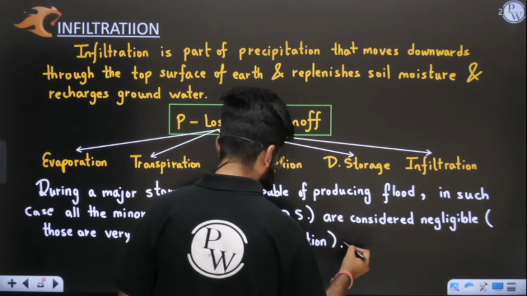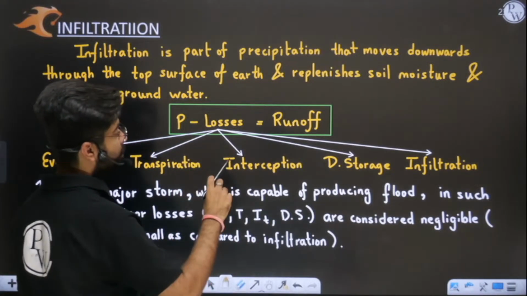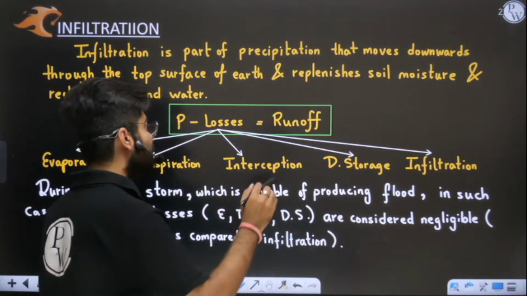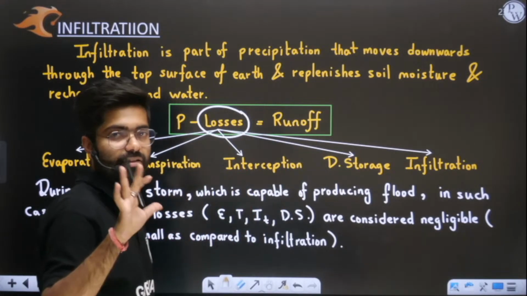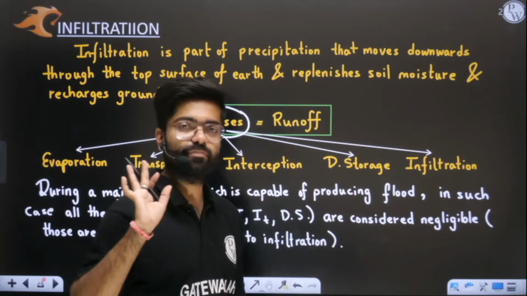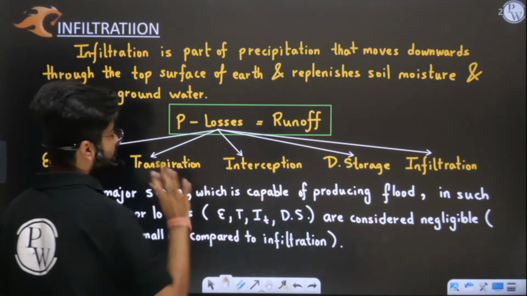Yes or no? So I hope this is clear. So this means I will write the simplified equation now. In place of these losses, I will write only infiltration, because only infiltration is important, that is having the major volume. So I will write infiltration only.